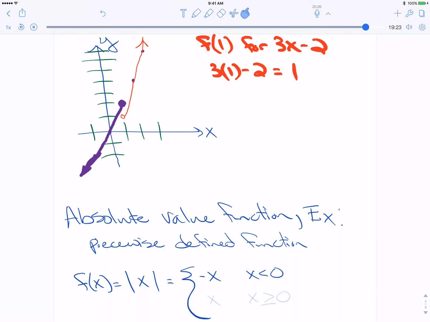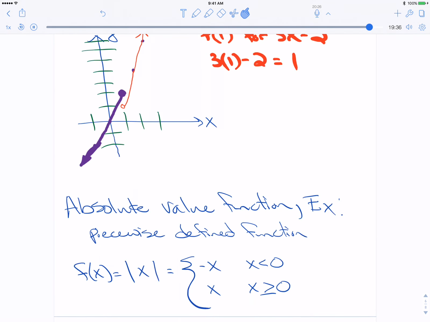And it is positive values of x when x is greater than 0. You can pick really which one has the equals, because they're both 0 there.